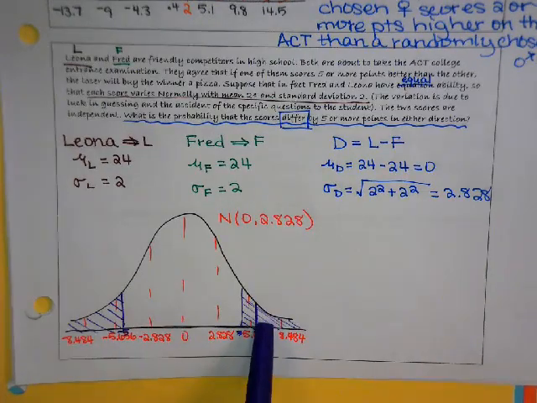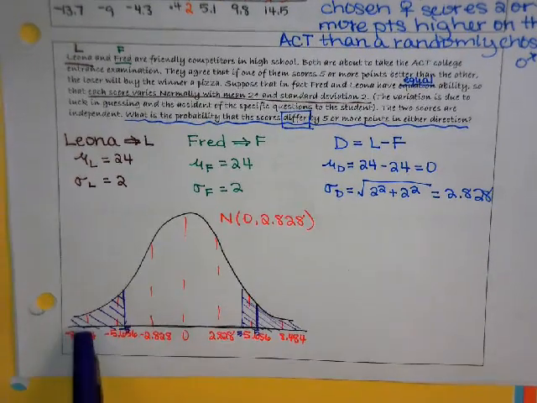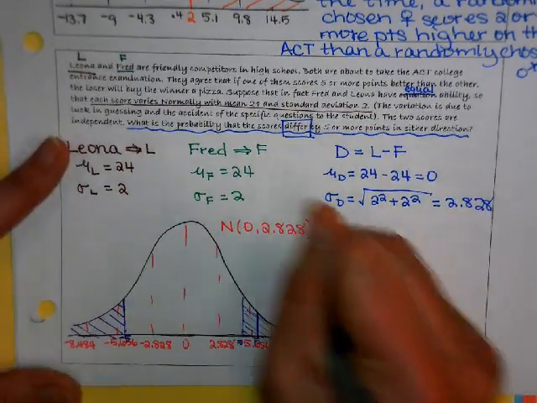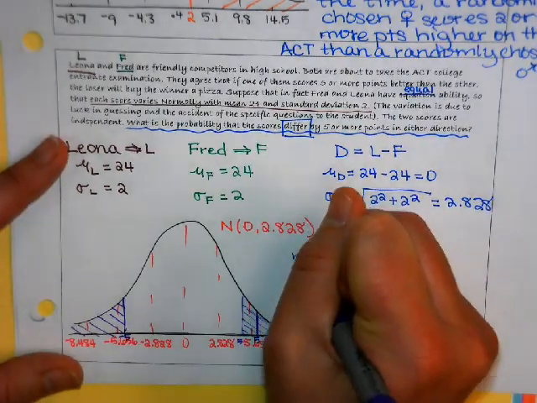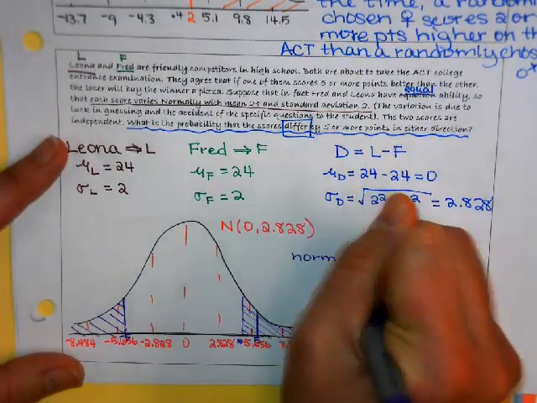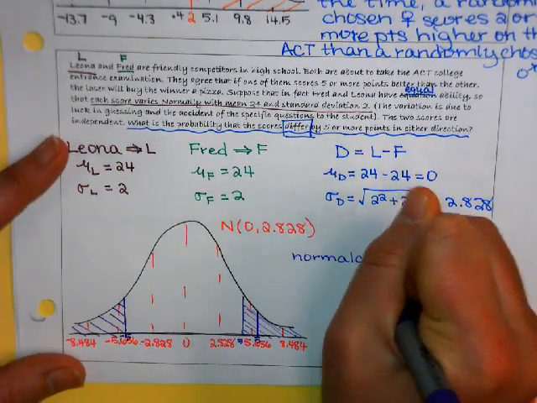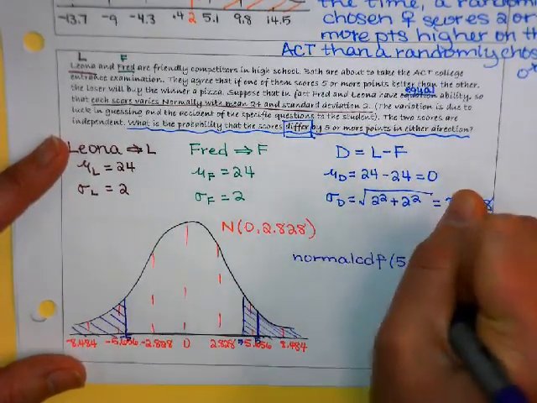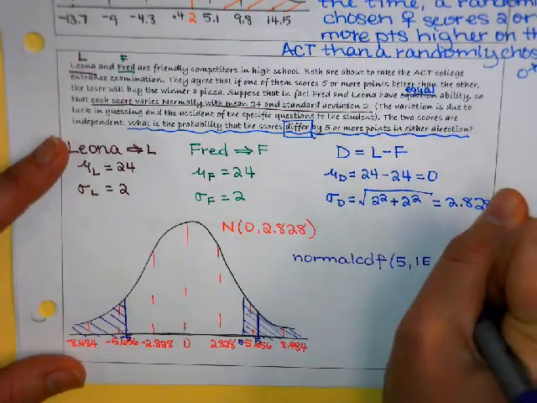So let's find the area of the right. Our lower bound is 5. Upper bound is a big number. Mean is 0. Standard deviation is 2.828. And then once we have that, we're going to multiply it by 2 because of the symmetry of our normal curve.